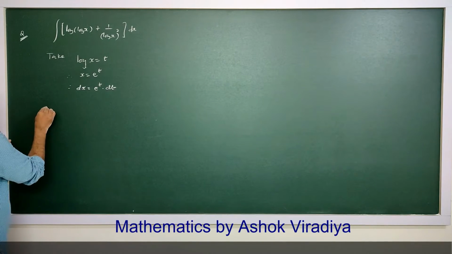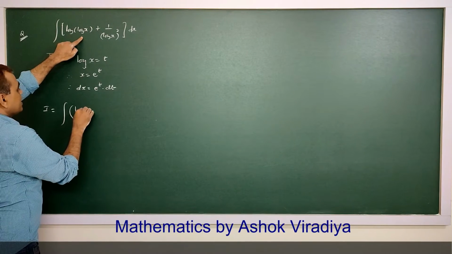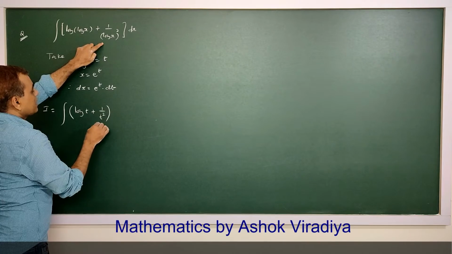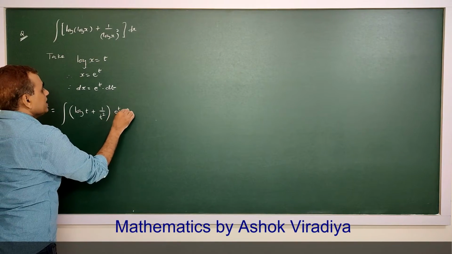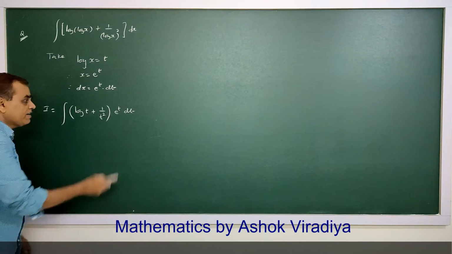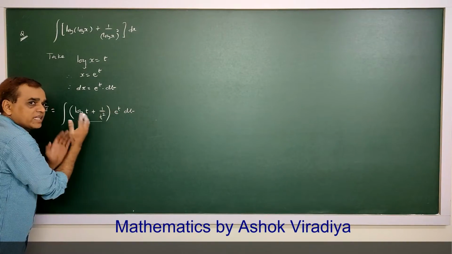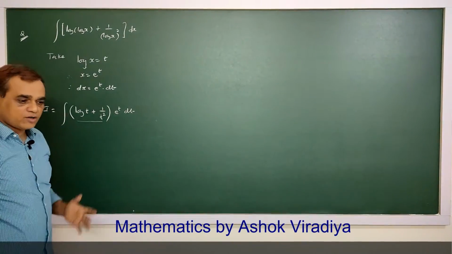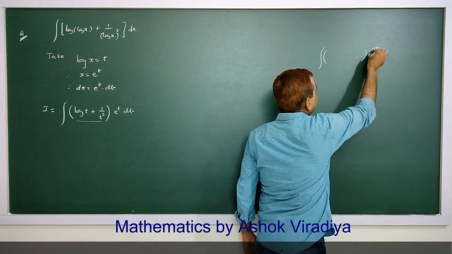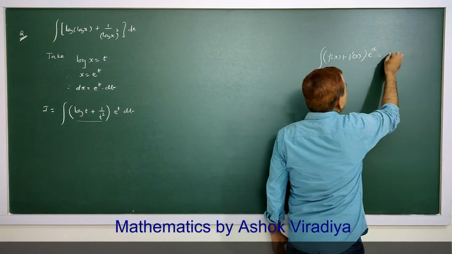So the integral is, putting values here, log of t plus 1 upon t square, and dx is e raised to t dt. Now see, whenever we have e raised to x and besides e raised to x there is a function of x, then we always try to apply this rule: e raised to x into f x plus f dash x.